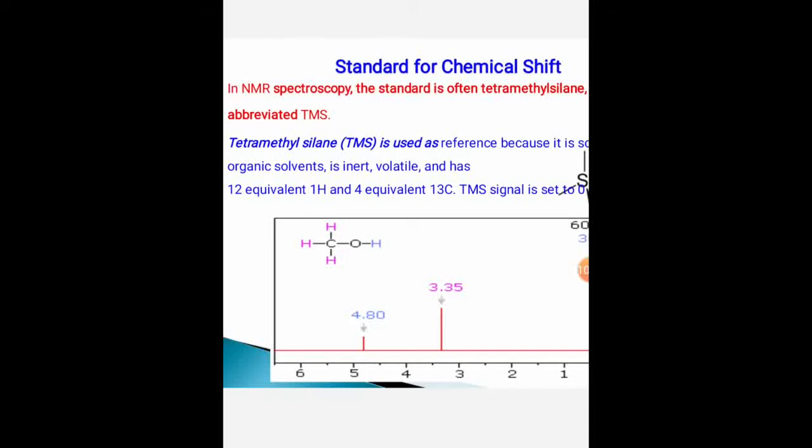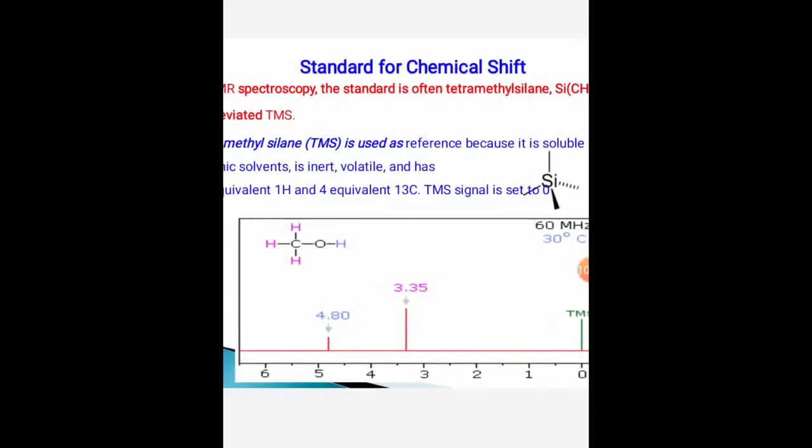It is the spectrum of methanol. See here. The peak of tetramethylsilane is present at the delta value 0, or delta value 0 starts at the peak of tetramethylsilane. There are two other peaks, one for the CH3 group of methanol and one for the OH group of methanol.